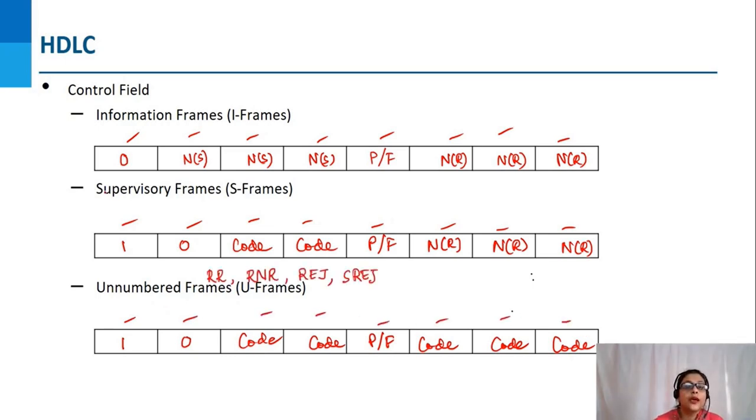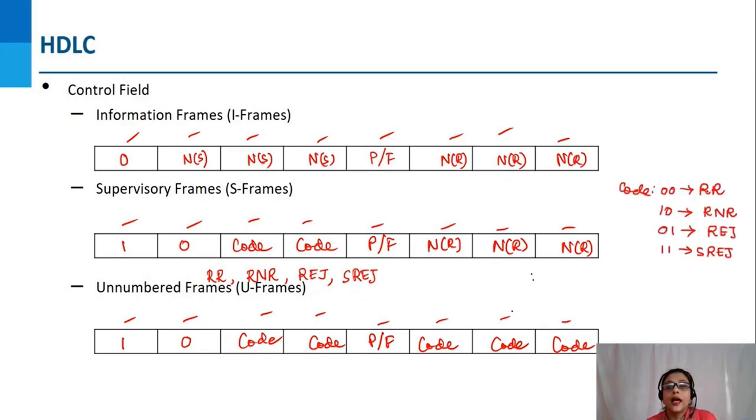So for the supervisory frames, based on the code structure, we can have RR frame, RNR frame, reject frame, and selective reject frame. If the code is 00, we will have RR frames. If the code is 10, we have receive not ready. So this is receive ready, this is receive not ready. If it is 01, then it is reject, and if it is 11, it is selective reject.